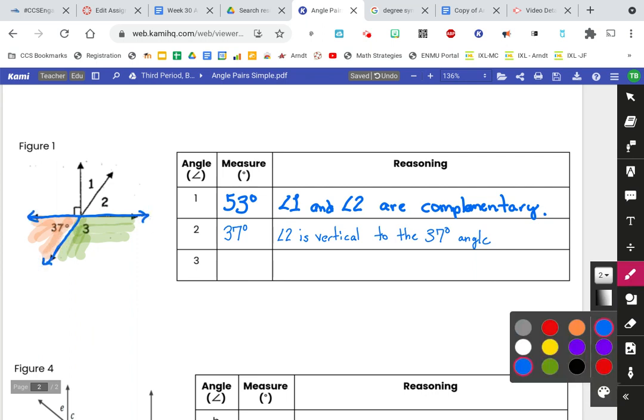So therefore, I know a line is 180 degrees.